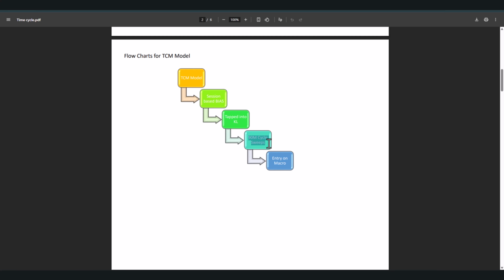Suppose your London session bias is sell, then London tapped into the 1H key level and also swept the previous 90-minute cycle. Last step, wait for M1 inversion or to make an IFBG and place an instant order or limit order during macro.